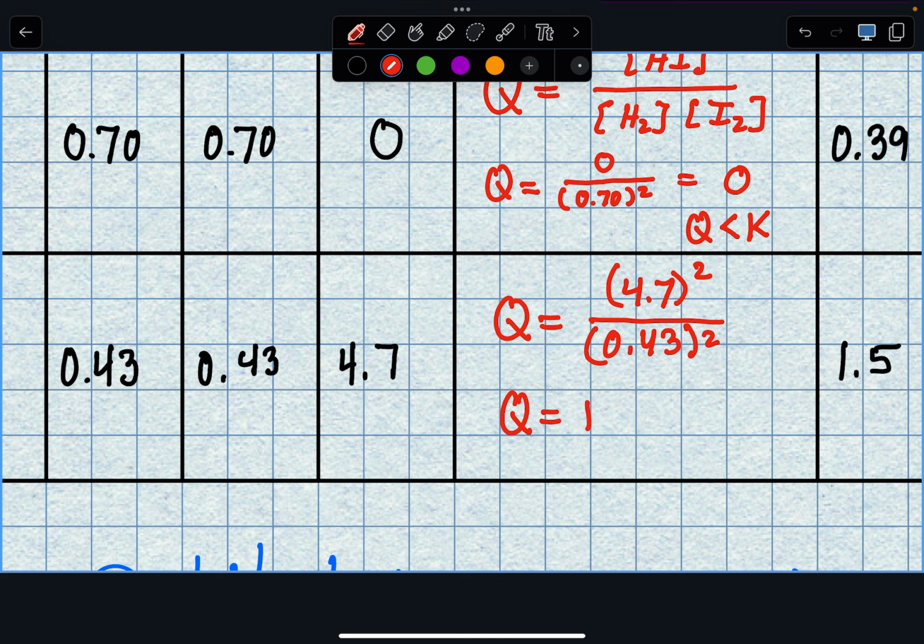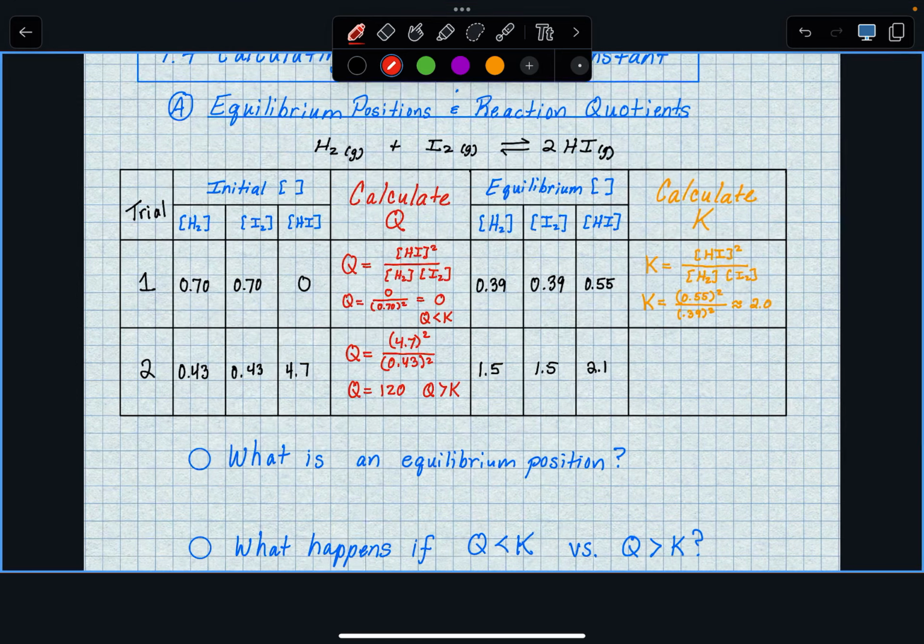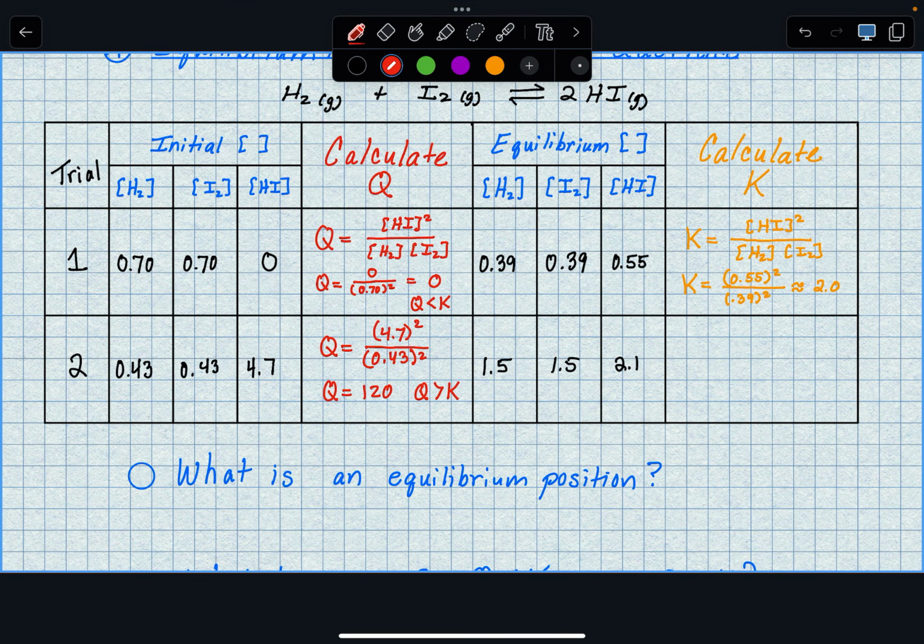And what happens is the Q here, again, is approximately 120. So what that means is our Q is much greater than our K this time. And so look what happens with the equilibrium concentrations. You have the products going down in concentration, and you have the reactants going up in concentration.